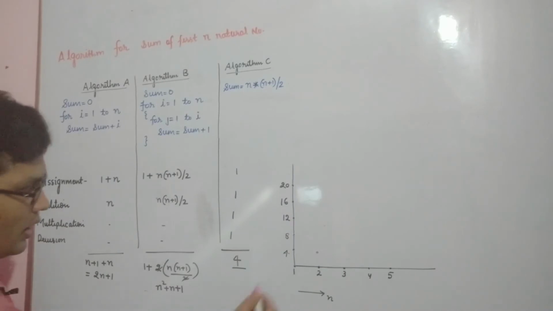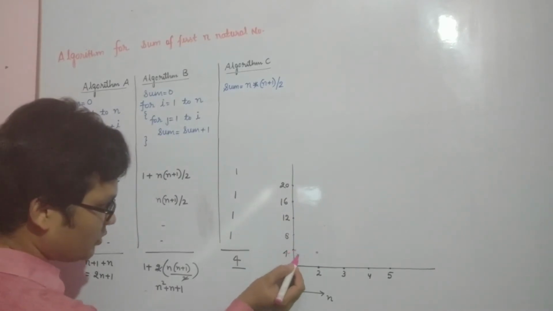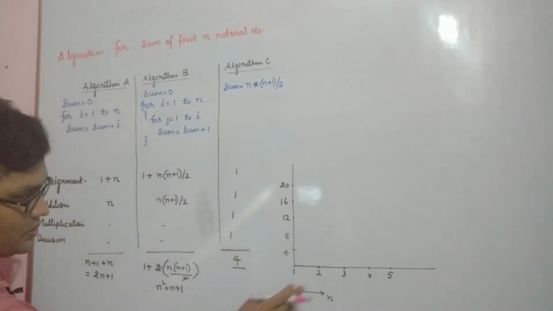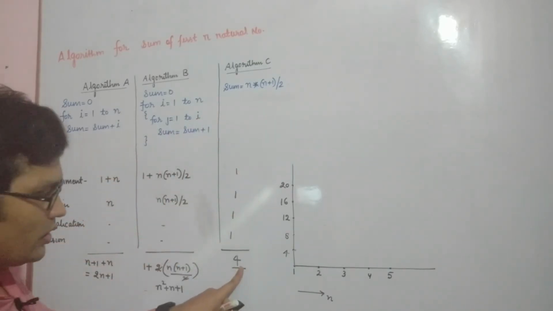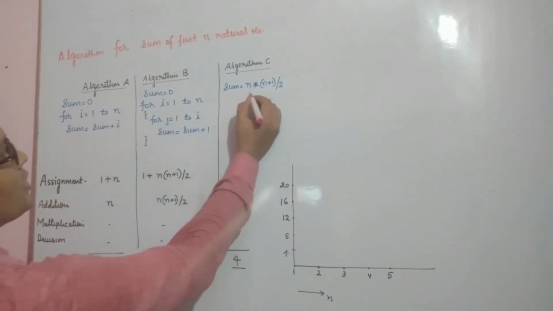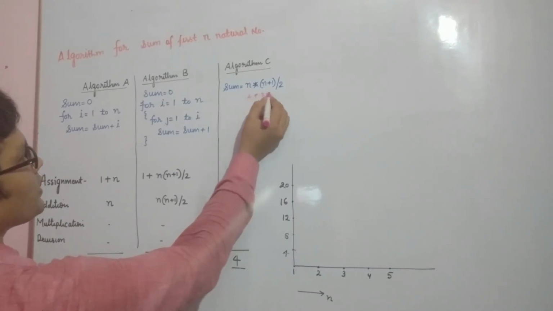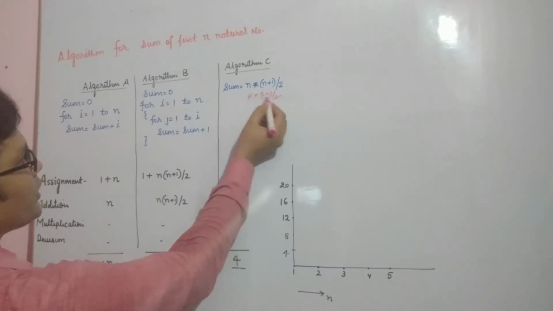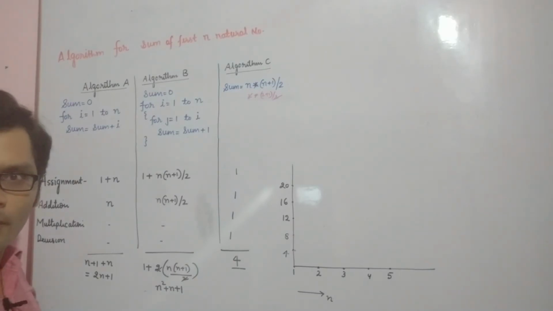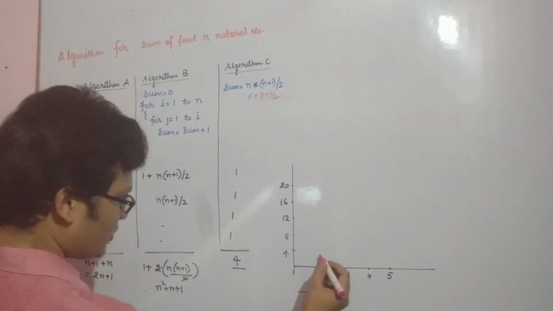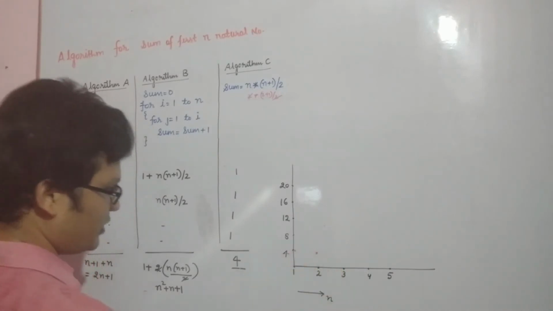If n equal to 2, then number of operations is equal to 4. Again, 2 into 2 plus 1 divided by 2, 2 cancel, 2 plus 1, 3. So if n is equal to 2, again number of operations is equal to 4. Just I am going to mark this point.